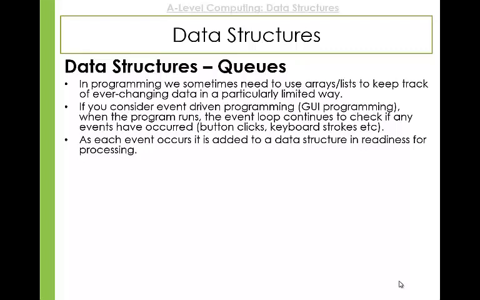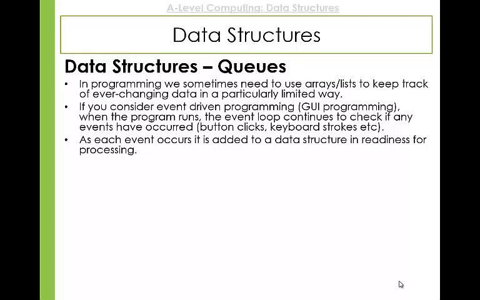And as each event occurs, it's really important that we keep those events in order so that we can get them ready for processing. And programming languages have used lists and arrays in a slightly different way. So they actually limit what you can do with a list.